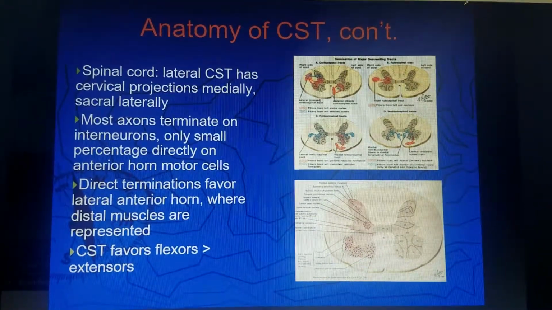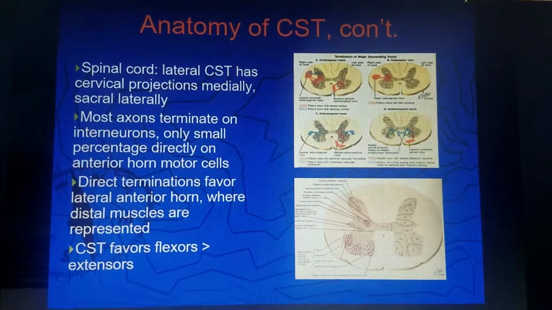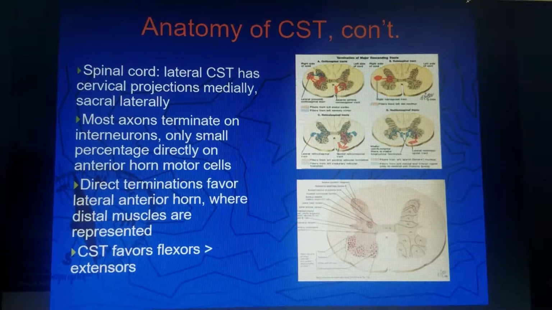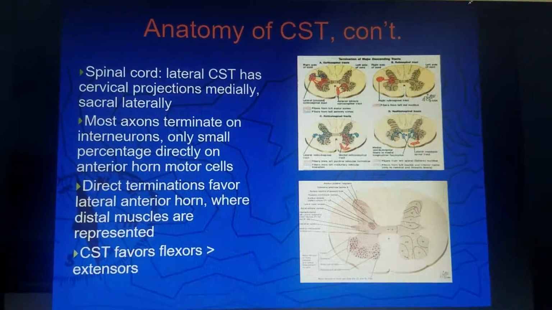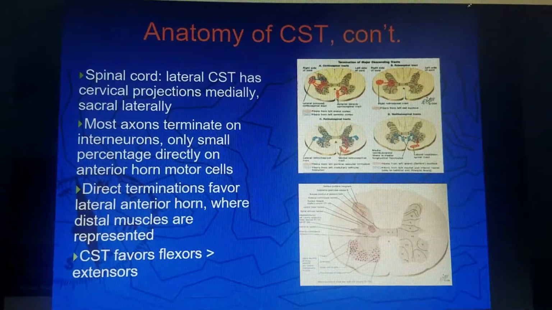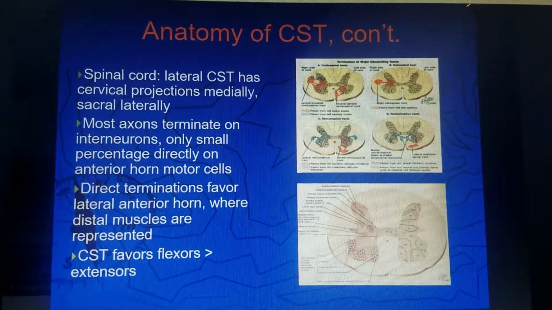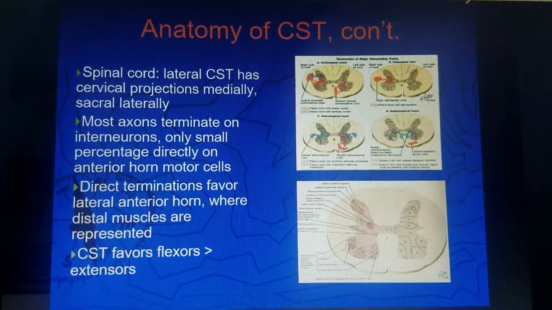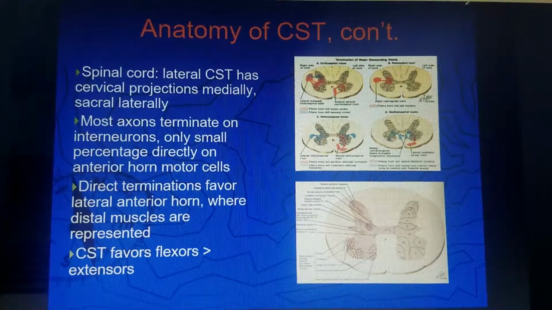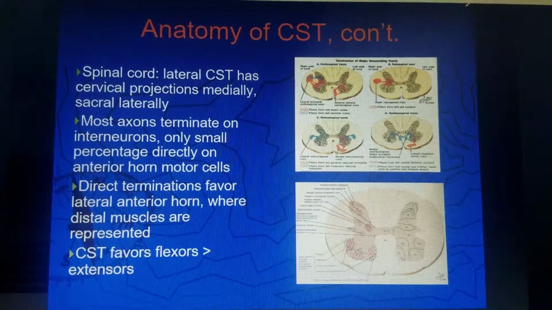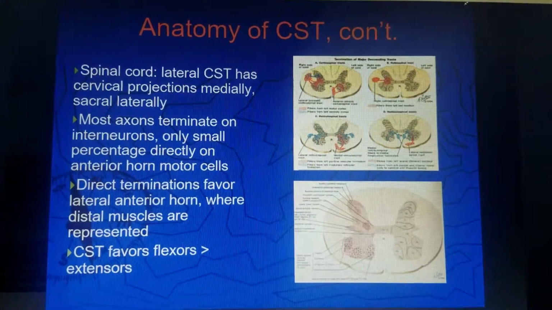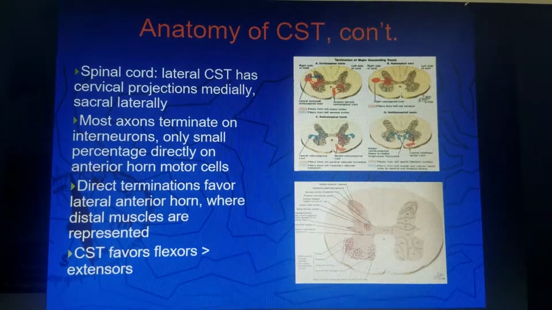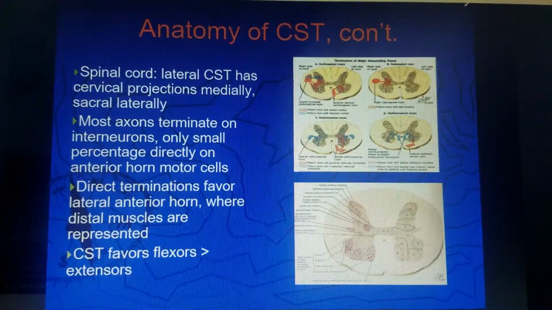And the direct terminations are primarily on the lateral portion of the anterior horns. Most of the axons actually terminate on interneurons. So again, relatively few direct upper motor neuron to lower motor neuron synapses. And since they are concentrated in the lateral portion of the anterior horn, the motor part of the spinal cord, that happens to be where the distal muscles are most represented.